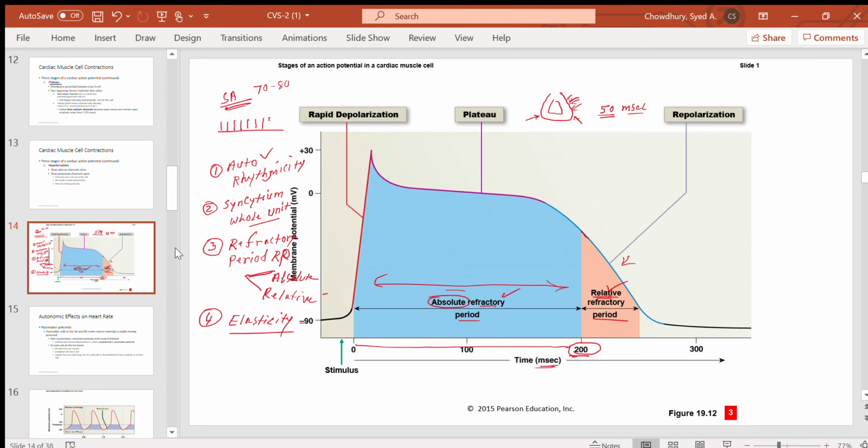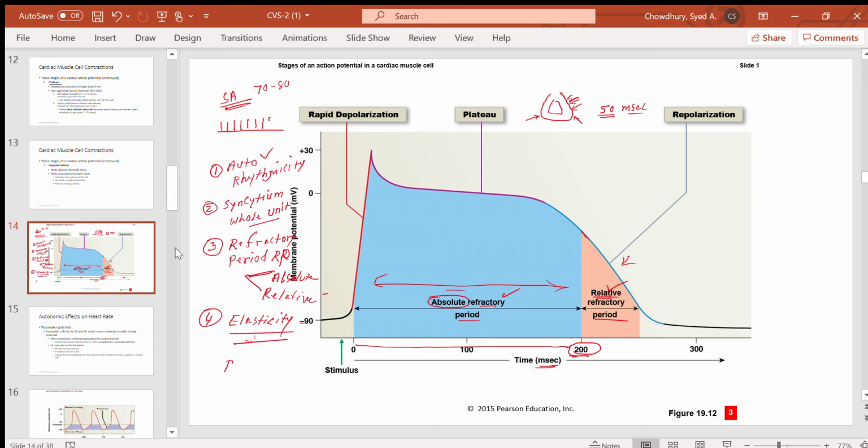So that stretching property of the heart muscle is called elasticity. The elastic things you use in your clothes, you can make them longer by pulling from both ends, and when you release the pressure, they go back to their actual shape.